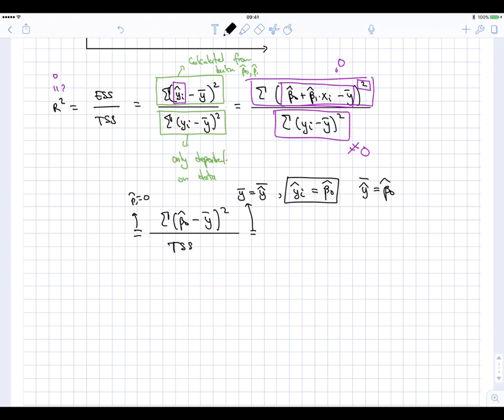It's the same number, right? Which means that because all predicted y's are equal to beta 0 hat, their average will also equal beta 0 hat. But because of this mechanical property, I could rewrite this as simply y bar minus y bar squared over total sum of squares, equal to 0.